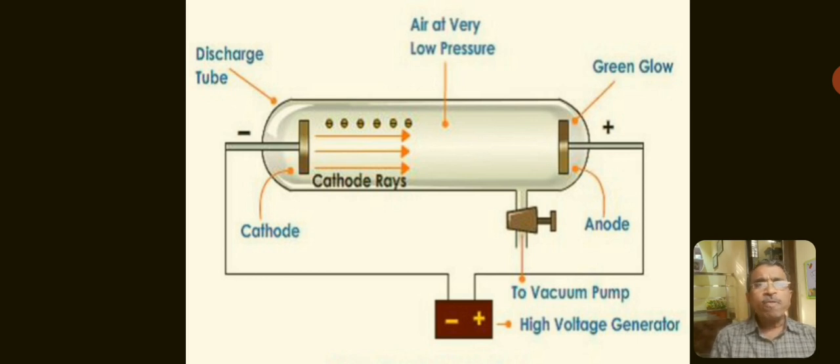The properties of cathode rays are: they travel in a straight line with high speed, they exert mechanical pressure, they produce a heating effect when they strike thin metals, they are negatively charged particles, they are deflected by electric and magnetic fields, they can penetrate thin sheets of materials, they cause fluorescence on the glass wall of the discharge tube and on a zinc sulfide screen.